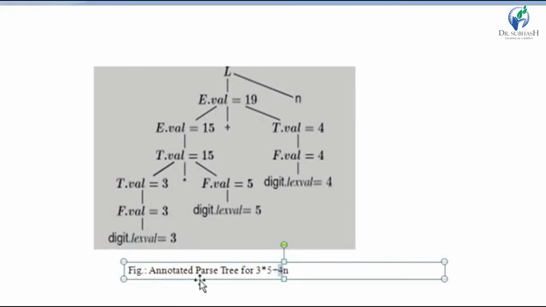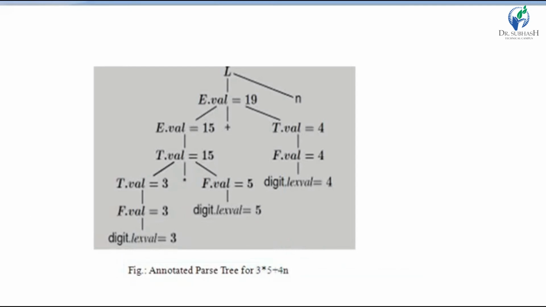So this represents the annotated parse tree for 3 into 5 plus 4n. It is just an example. If in your exam any other input is given, then use that number. Otherwise you can use any number for the annotated parse tree. So this is your syntax directed definition.